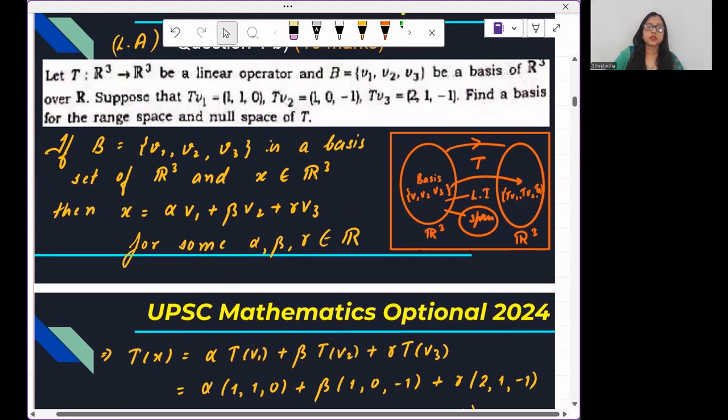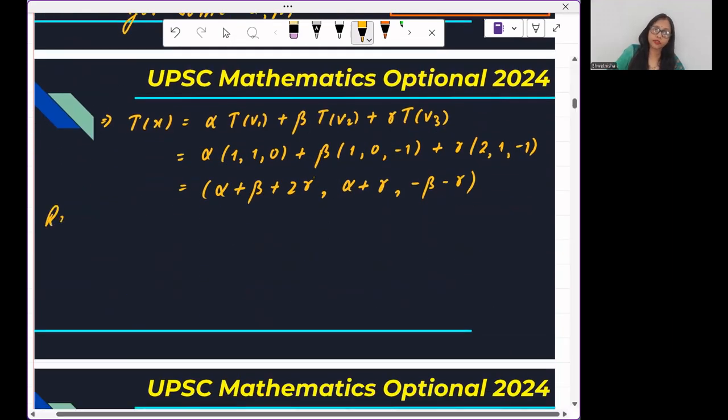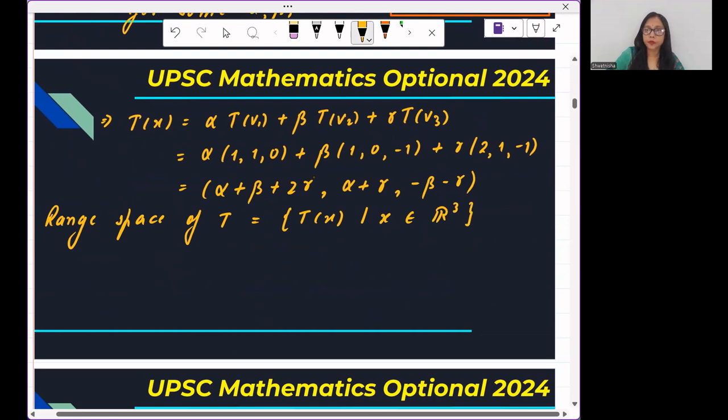Now, look at the range space. What will be the range space? Let's just apply the definition. The range space of T is the set of T of X, where X belongs to R3.